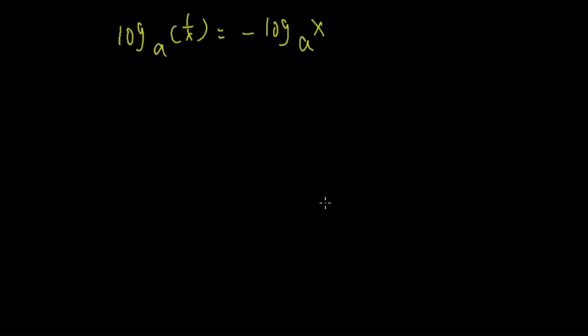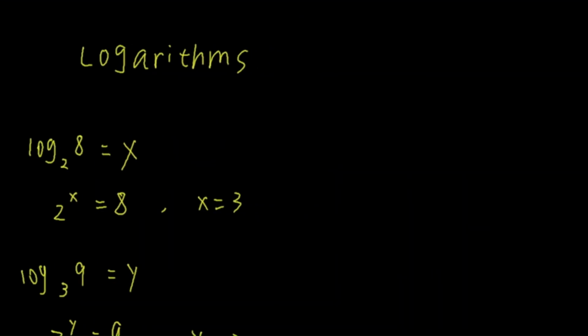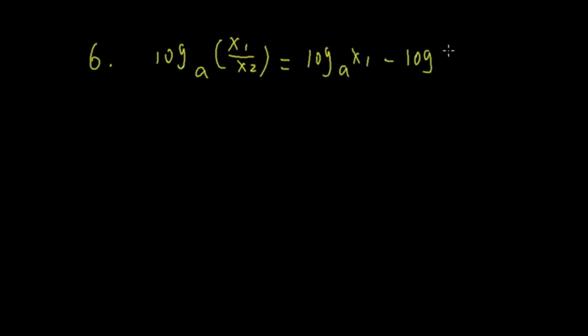Now, number 6. Let's do it here. This one here, log x sub 1 over x sub 2 to the base a is equal to log x sub 1 to the base a minus log x sub 2 to the base a.